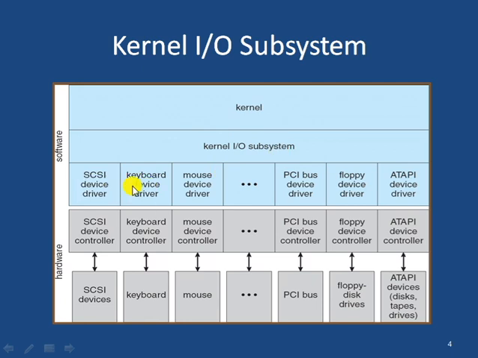Here all the device driver softwares are installed. These three layers are software layers, and through this software can communicate with the device controllers, and these device controllers are internally connected to the corresponding devices. So here the kernel IO subsystem acts as an interface between kernel and the device driver softwares or applications.